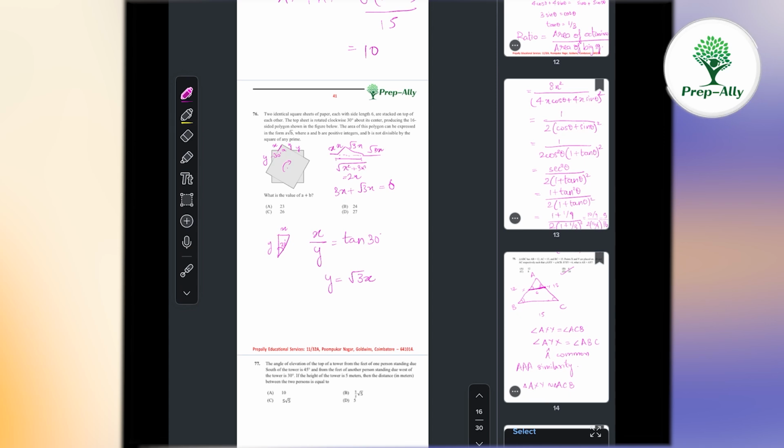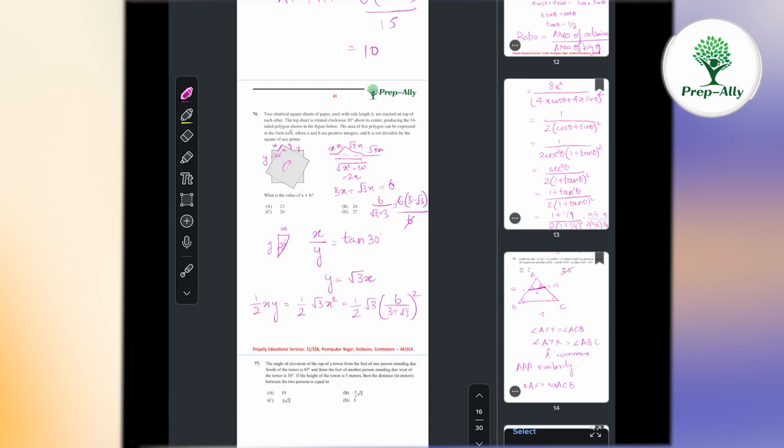So the area of the triangle is half times xy, which is half times root 3x squared, which equals half root 3 times 6 divided by 3 plus root 3, the whole squared. And 6 by 3 plus root 3 equals 6 into 3 minus root 3 by 6, right?